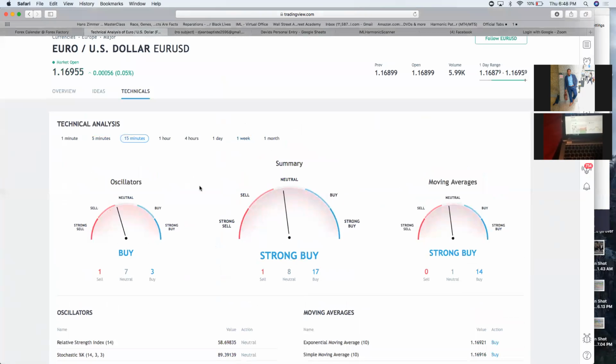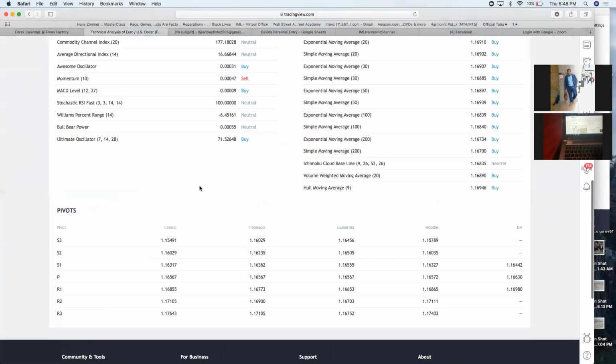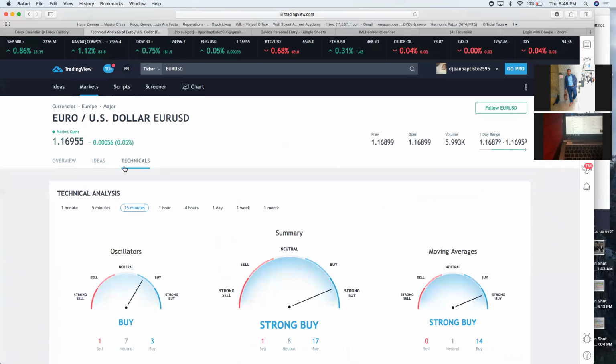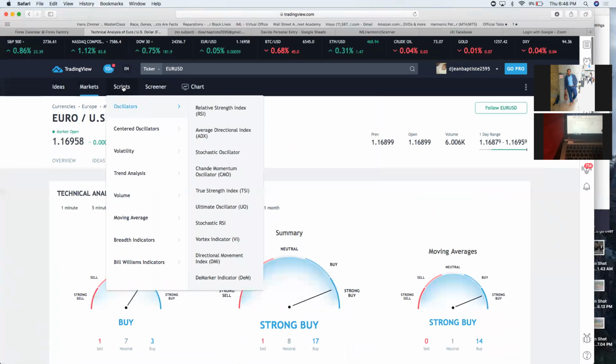So on a smaller time frame, we have a strong buy. So let's see if we do have a strong buy. All right, so we checked out the overview, we checked out the ideas, we checked out the technicals. So let's see what happens in the market.